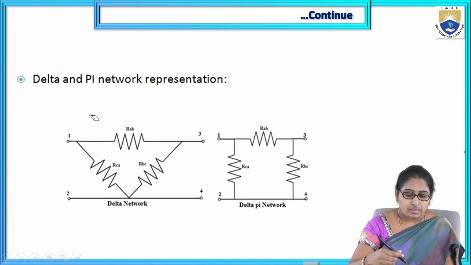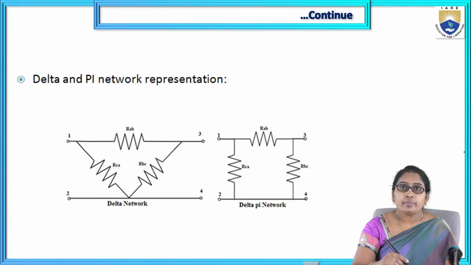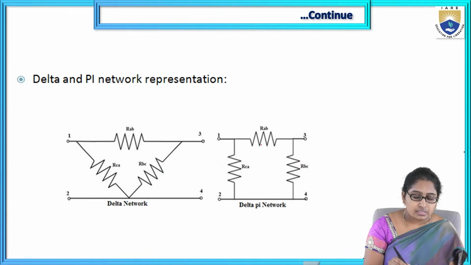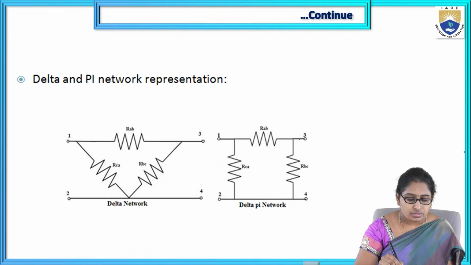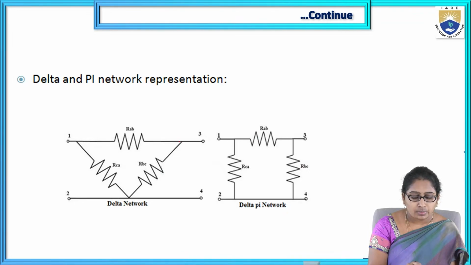Now, the equivalent network of this delta is drawn like this. See that the resistor RAB is drawn horizontally. Then from its end point, we have RBC, drawn vertically.